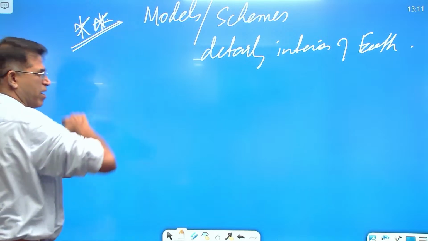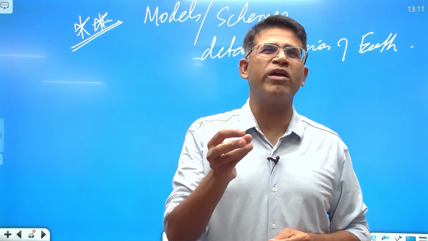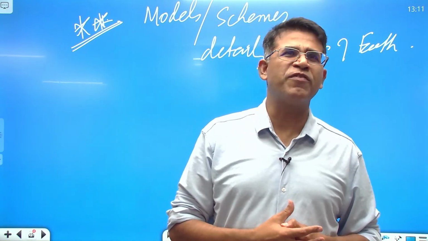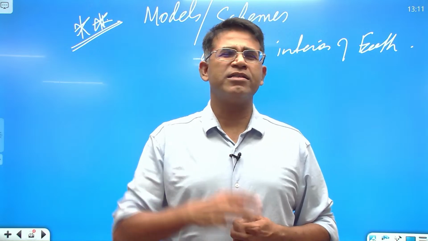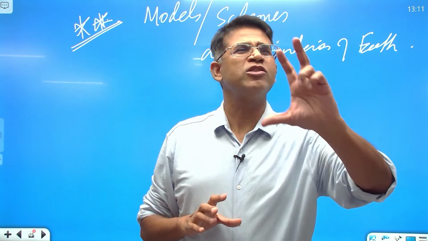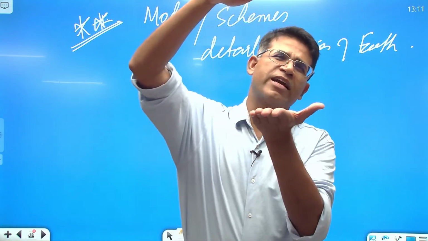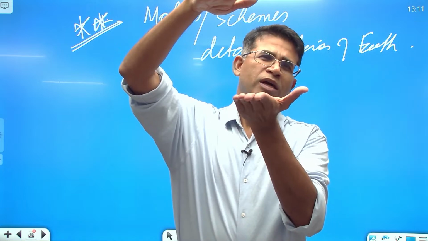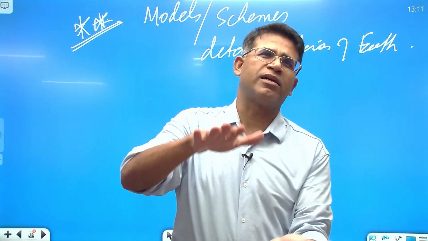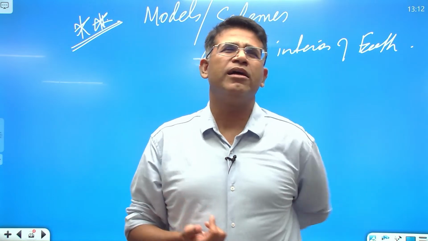You may not need it, but it's no harm in knowing a few more facts. The thickness of the asthenosphere, Eshan, is below the lithosphere, so about 200 kilometers thickness. The first 100 is lithosphere, and after that, 300-400 it is asthenosphere. Okay, so the lower part of the upper mantle.